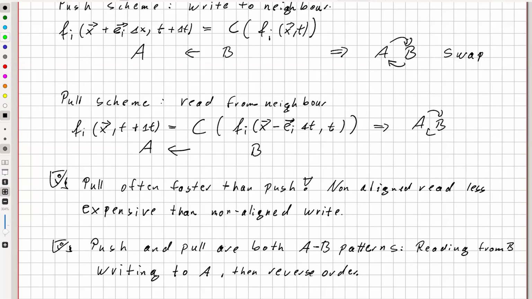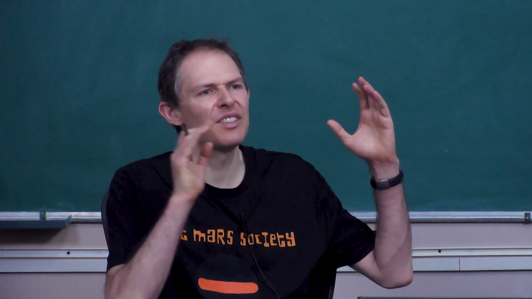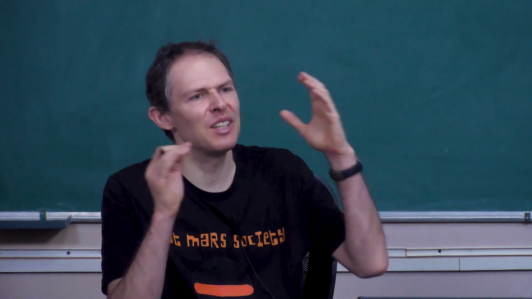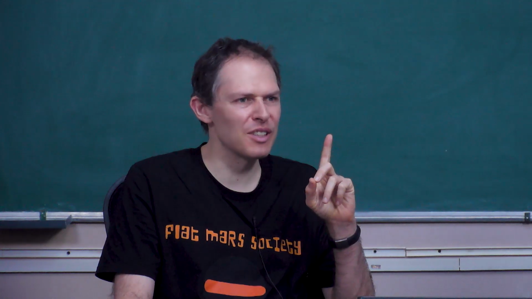I mean, this is not very surprising because this is also what you would always do in a finite difference or also finite element code. You have a state vector from the last time step and you go to a state vector of the new time step. However, there is one significant difference between finite difference or finite elements and the Lattice Boltzmann methods.